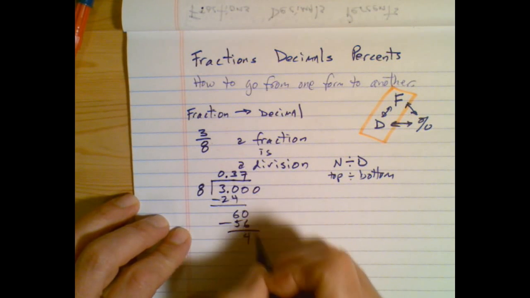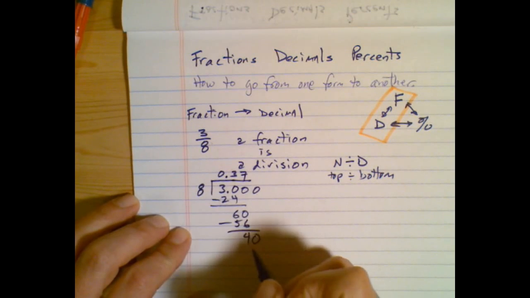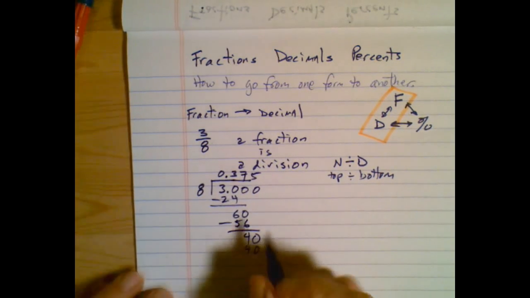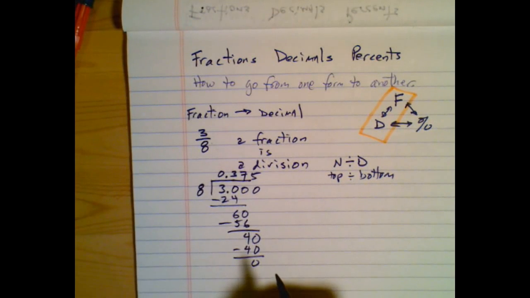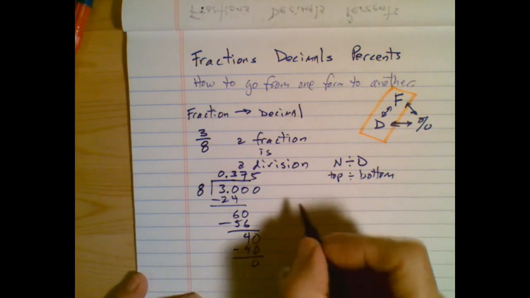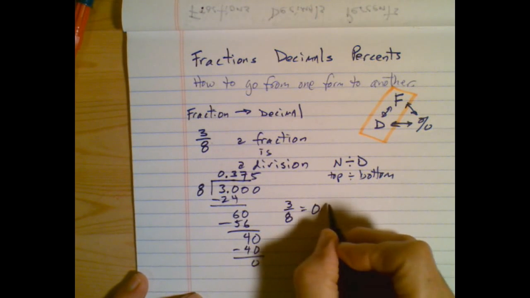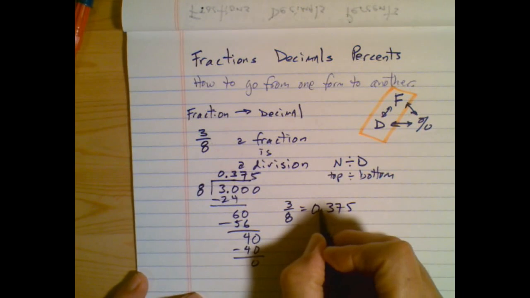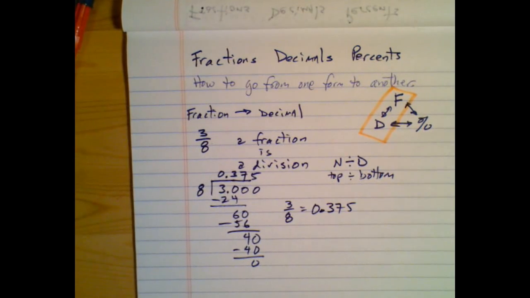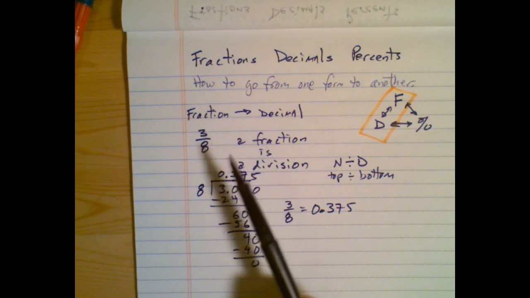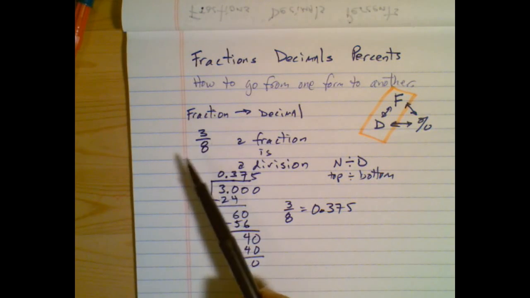I'll bring another 0 down. How many 8s go into 40? Well, 5 do. 5 times 8 is 40. And there I am, at the end. So, 3/8 is the same thing as 0 and 375 thousandths. That is, we converted our fraction to a decimal by simply thinking of this as a division problem, which it is.